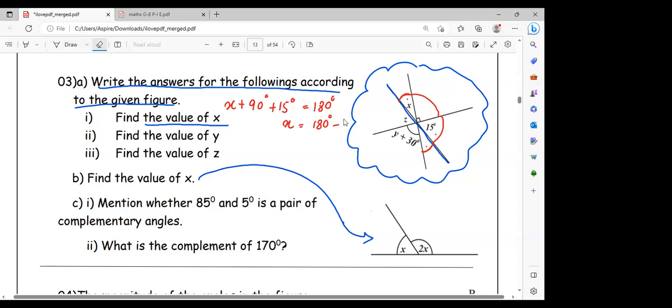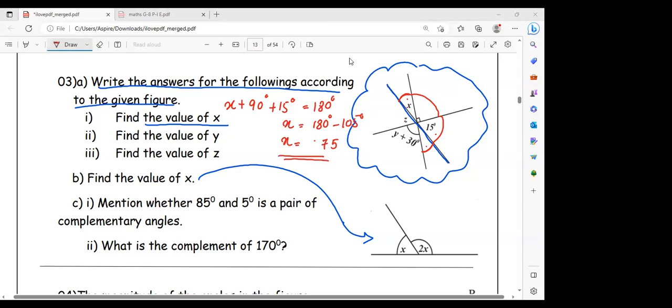So you have to subtract 105 from 180. Then it is 75 degrees. X is equal to 75. Please check your answers.